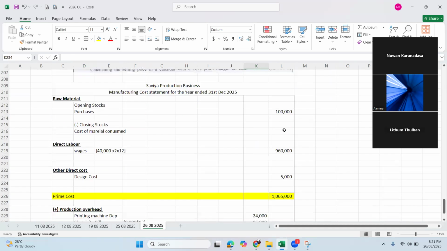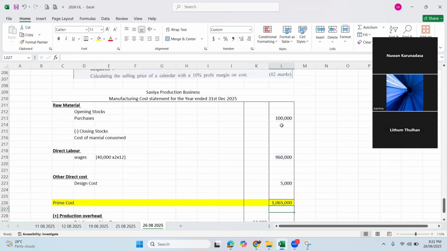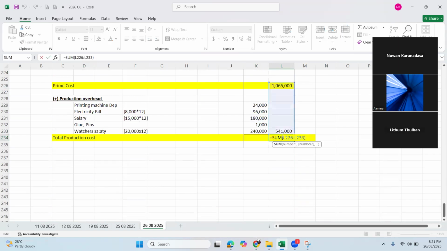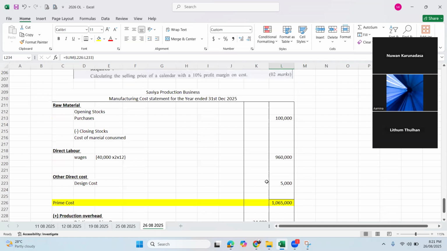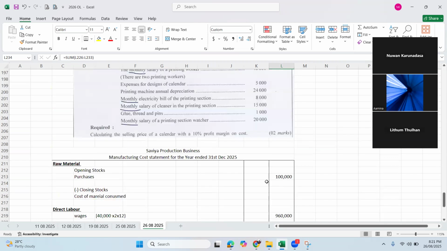Right, taken. So here the prime cost comes to this value, then production overhead comes to this value, then the total production cost is 1,606,000. Then they are keeping a profit margin of 10% on cost.